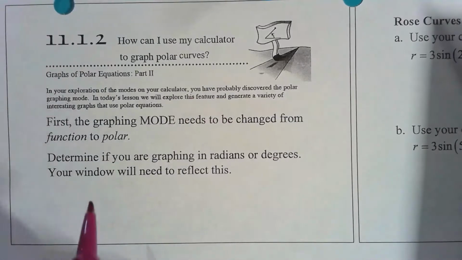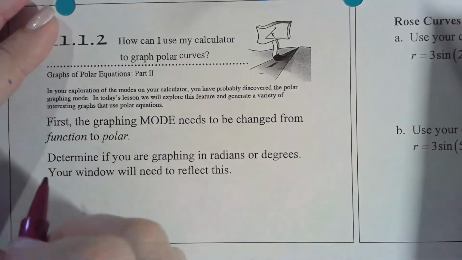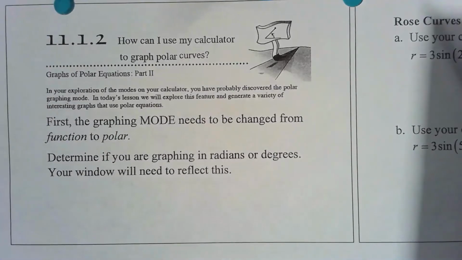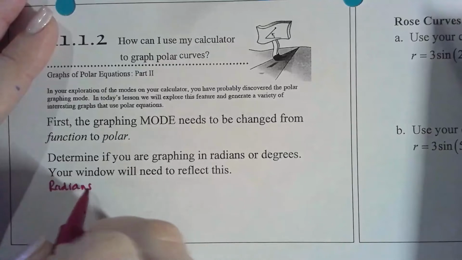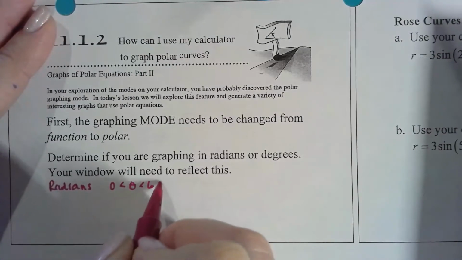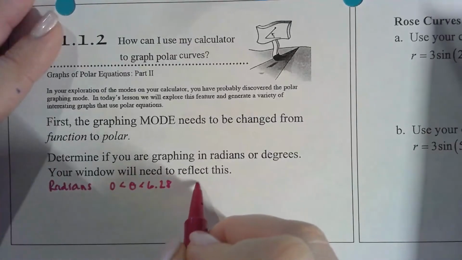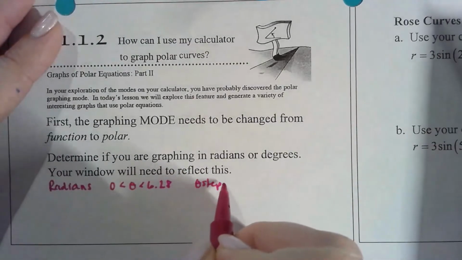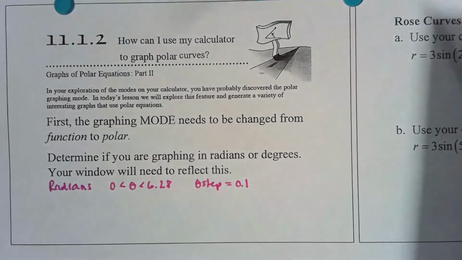So, but we'll talk about where to get this. If you're in radians, then you want your theta going from 0 to 2 pi, which 2 pi is about 6.28. And you want your theta step to be something small, like what it is right now is approximately 0.1. And I'll explain this as we go.